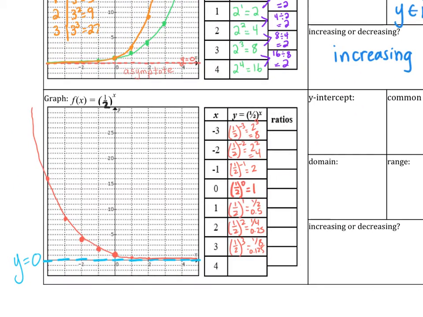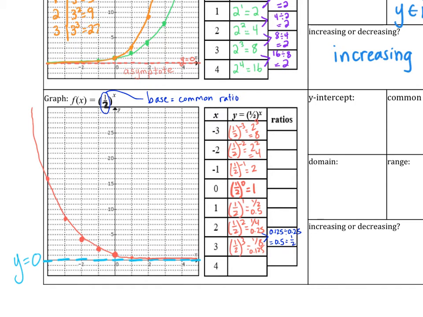So now to finish this off, we're going to have, again, the ratios. If you took 0.125 and divided it by 0.25, in your calculator you would get 0.5, which is the same as 1/2. And remember, that's the base, and the base is equal to the common ratio.